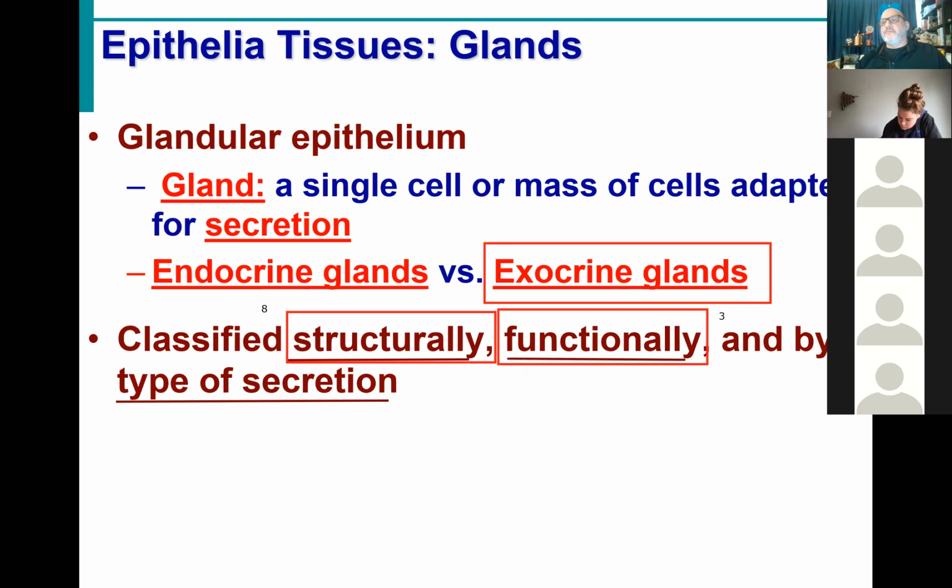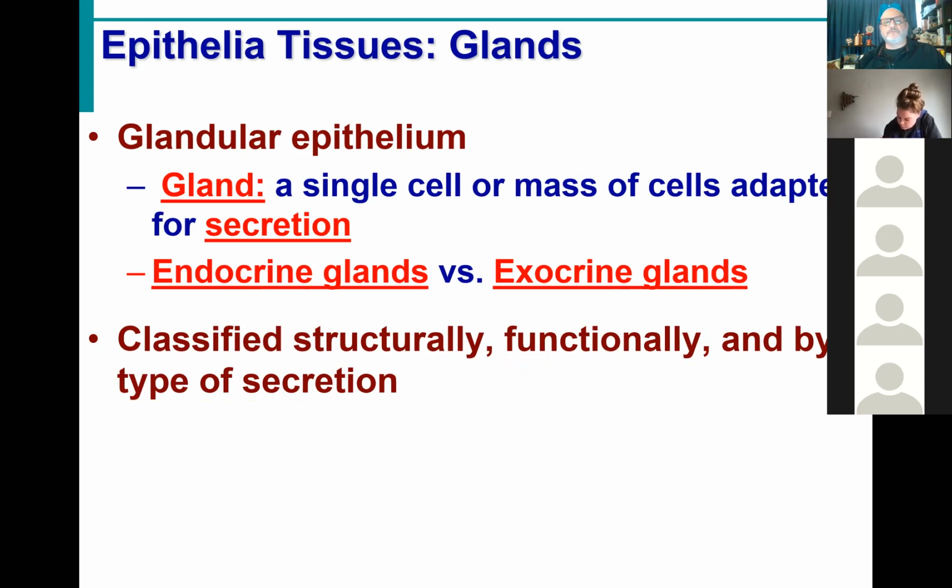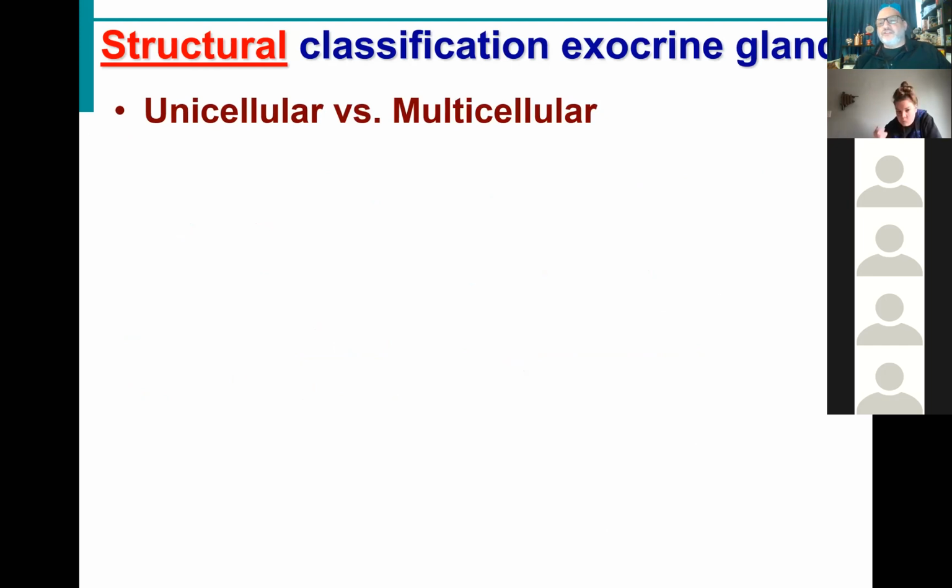Eight's harder, so let's start with that one first. Structural classifications of exocrine glands, and again, as I mentioned, there are 8 of them. The very first structural classification, and the easiest, is a unicellular gland.